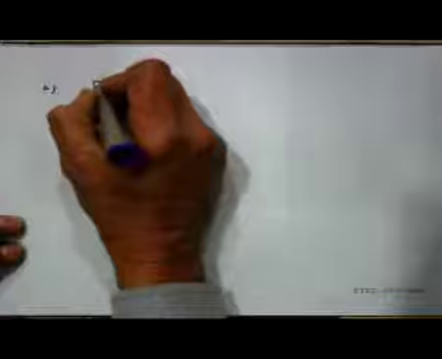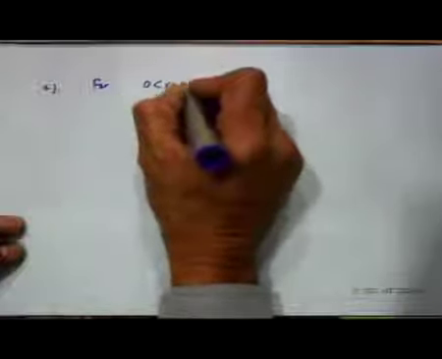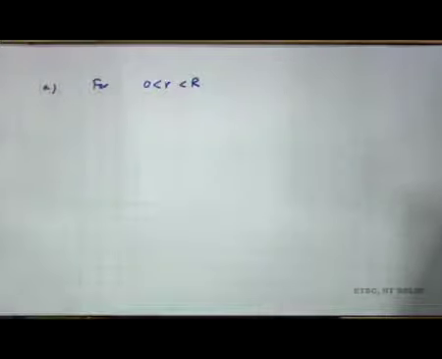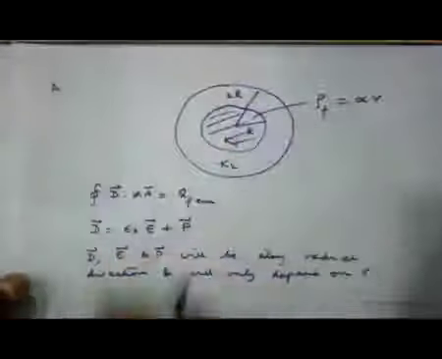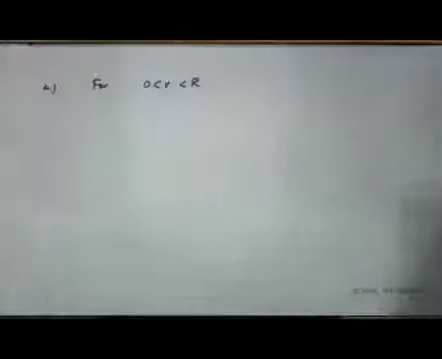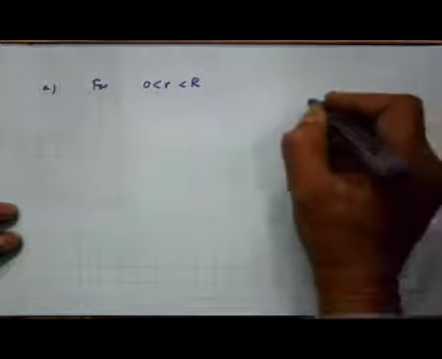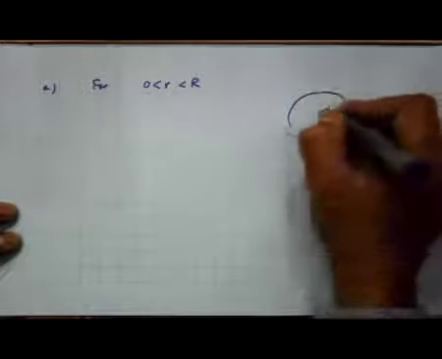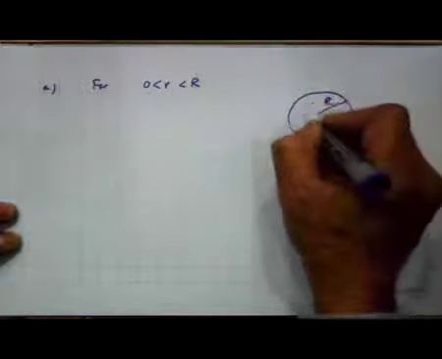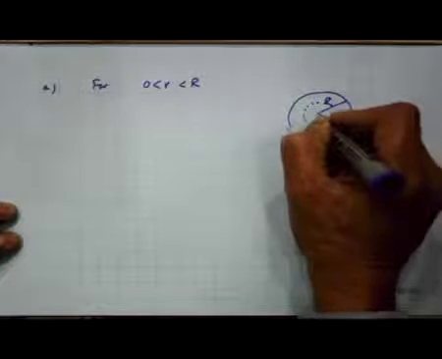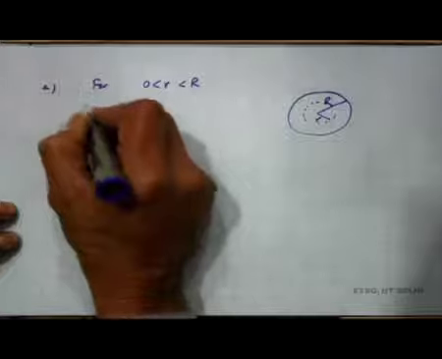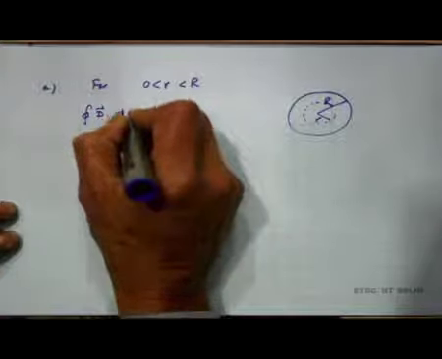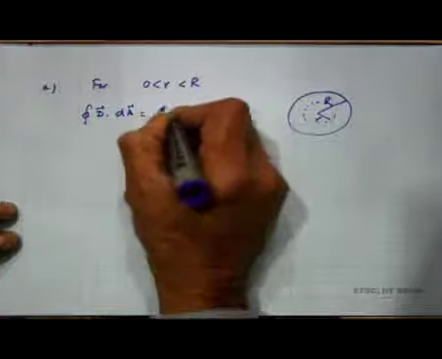So, for example, for 0 less than r less than capital R, that is within the inner sphere of radius capital R, I take a sphere of radius small r and integrate over this. Integral D dot dA is equal to Q free enclosed.